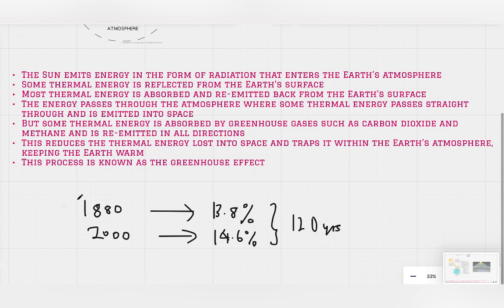In terms of concentration, at this year we had somewhere less than 300, let's say 280. The concentration of carbon dioxide in the atmosphere was around 280 million.